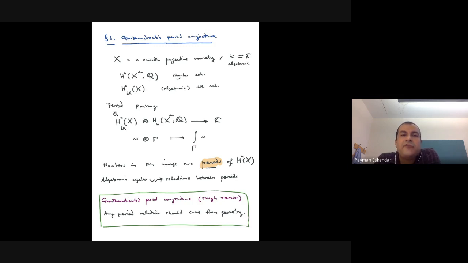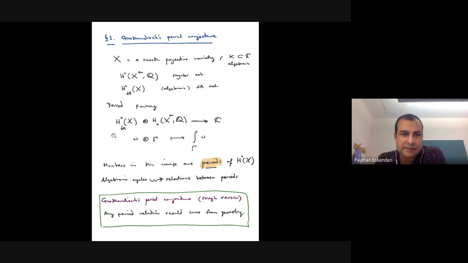Now we have the period pairing, which pairs the nth de Rham cohomology and the nth singular homology, and it's simply integration. If I have a topological chain gamma and a differential form omega, I just integrate omega over gamma.